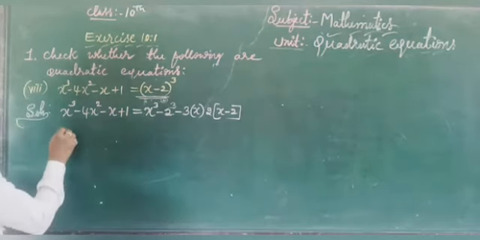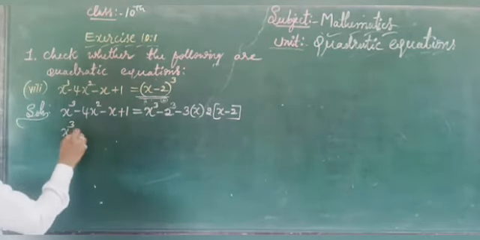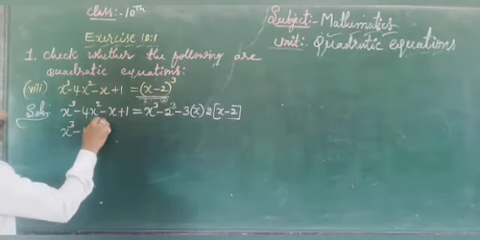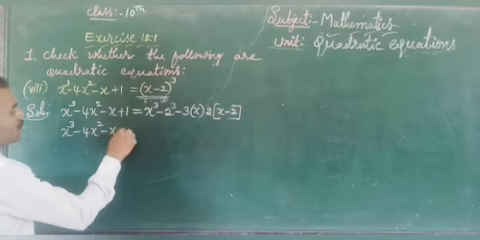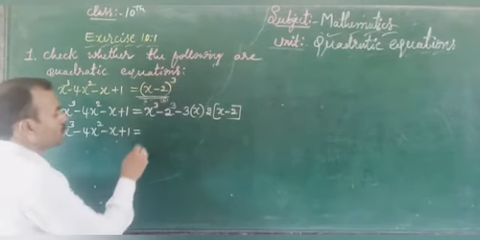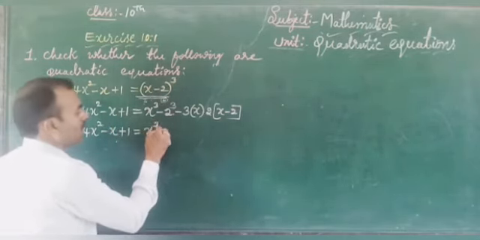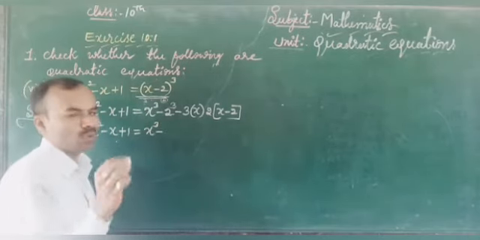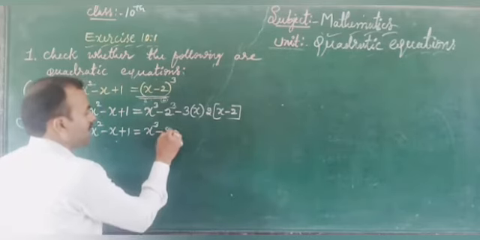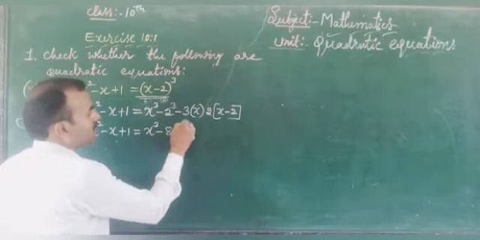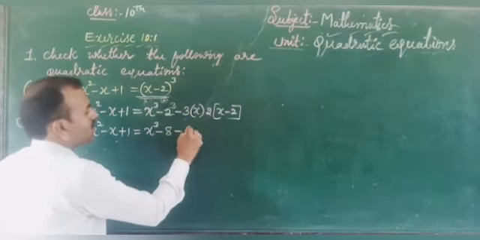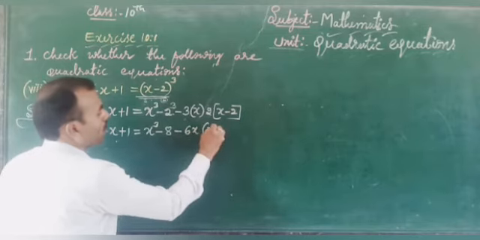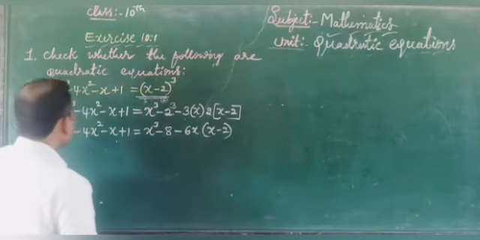So here write as it is, x cube minus 4x square minus x plus 1 equals x cube minus 2 cube, means 2 into 2 into 2, it is 8, minus 3 into 2, 6, into x, 6x into x minus 2.